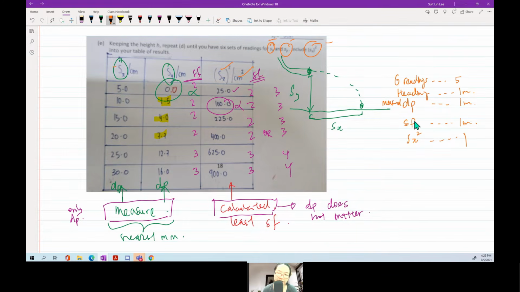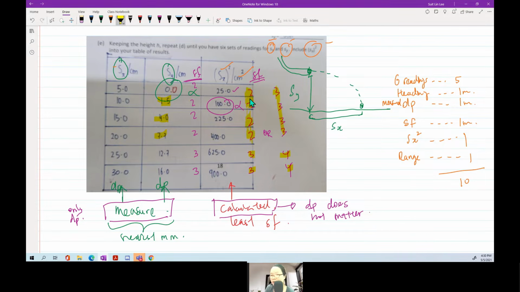Heading, DP, SF, and then there's this thing called range, 1 mark. So total is 10 marks. If this is 4, then the total is 9 marks. Everything is different. So generally, I think for you, when you increase the SF, then everybody increase. If you do 333, then it should be 44. If you do 222, then it should be 33. Be consistent.